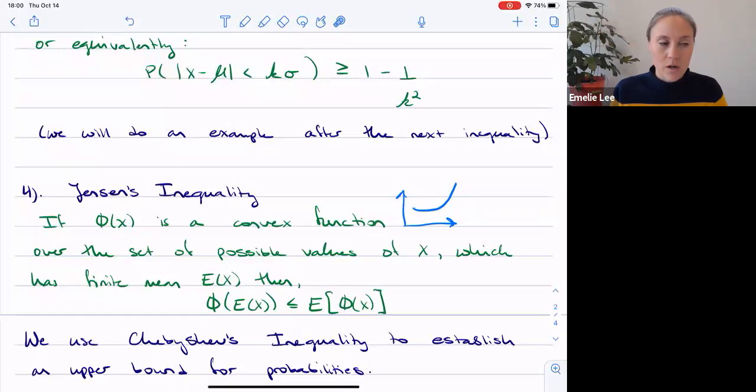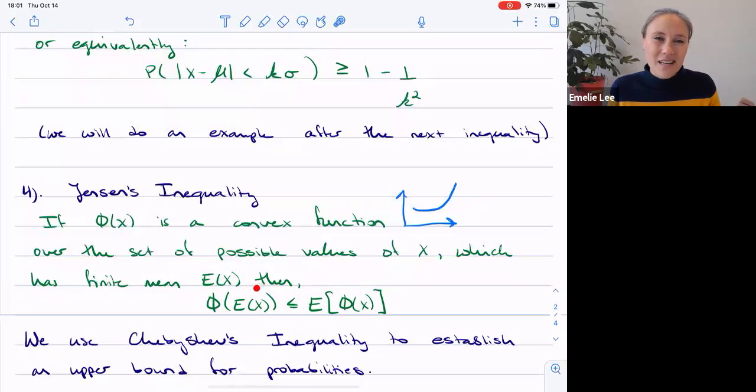That's the convex function. So if phi of x is a convex function over the set of possible values of x, which has a finite mean E of x, so that's an assumption that we're making, then phi of the expectation of x is less than or equal to the expected value of phi of x. That's weird, but we're just going to parking lot that and keep that in mind.